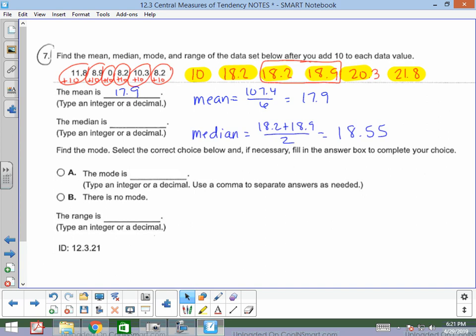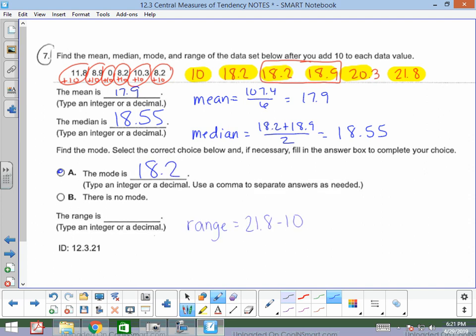Add those together, divide by 2, and we get 18.55. The mode is 18.2 because that's the number that occurs the most. And the range is 21.8 minus 10, which is 11.8.